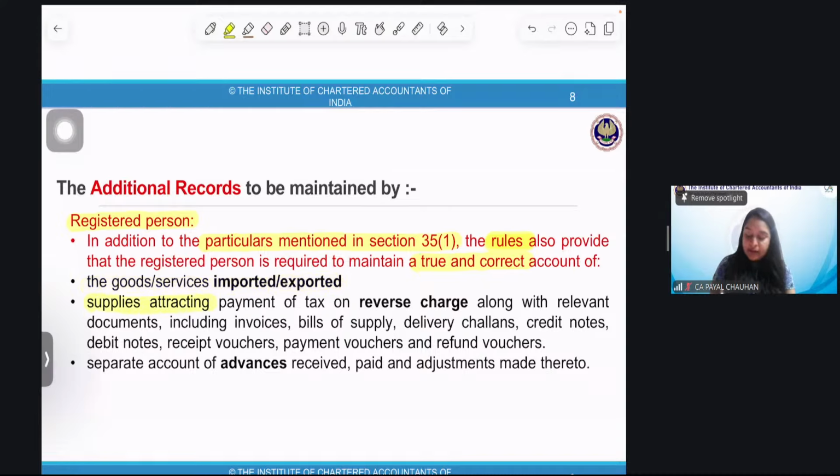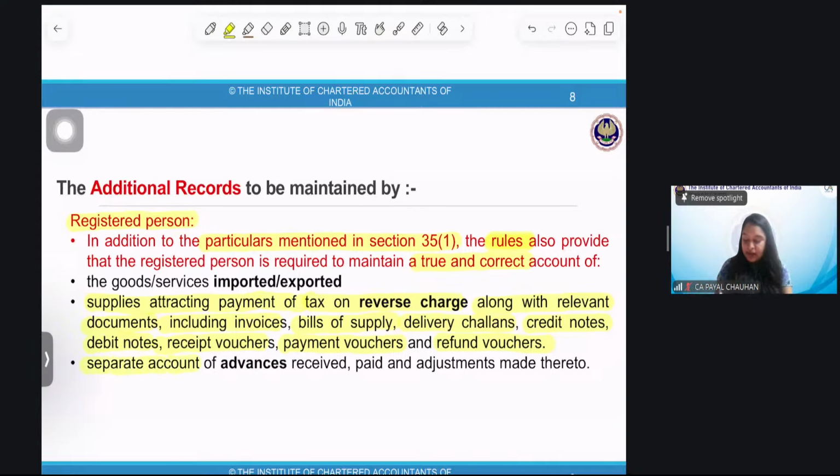Supplies attracting payment of tax under reverse charge along with the relevant documents including invoice, bill of supply, delivery challan, credit note, debit note, receipt voucher, payment voucher, refund voucher. In the last session only we've covered this chapter. Do you remember every word? Perfect. Section 31 and 34, right? So you have to maintain all these documents, right?